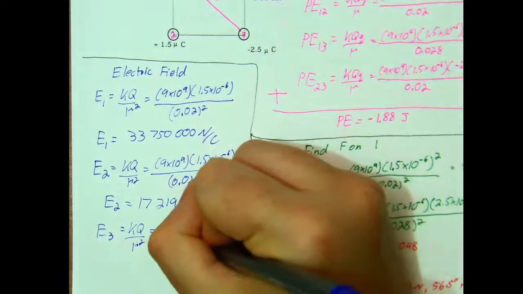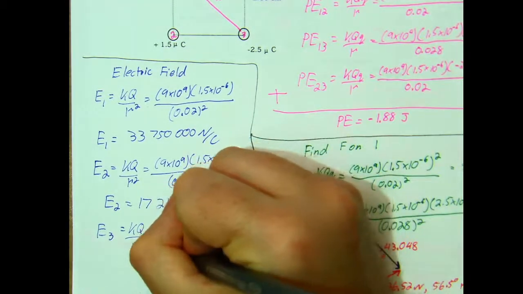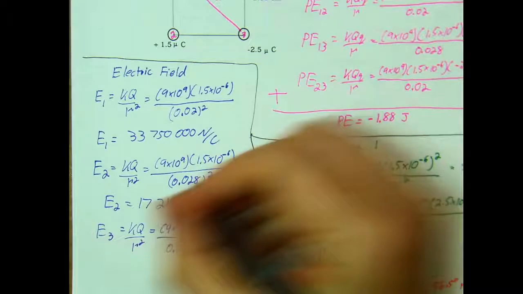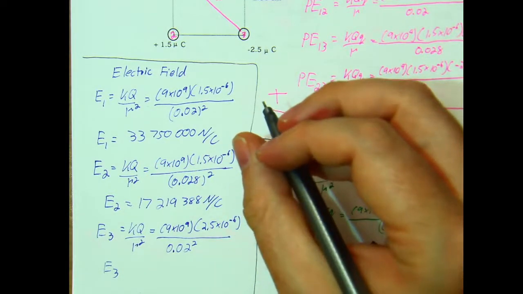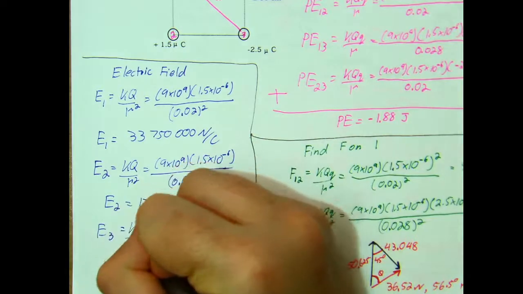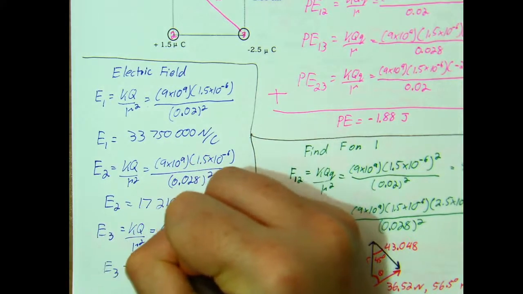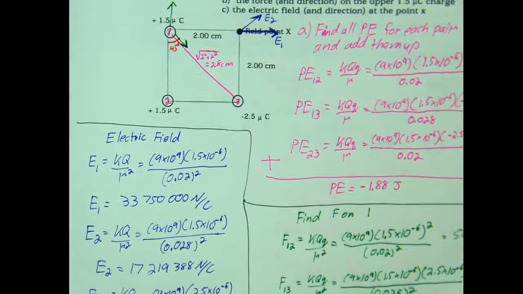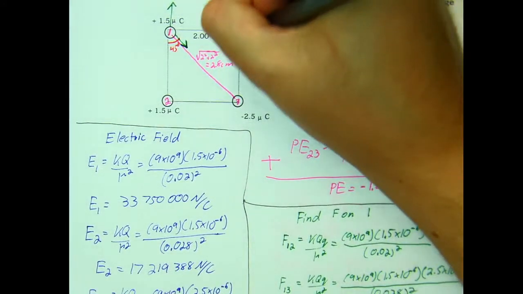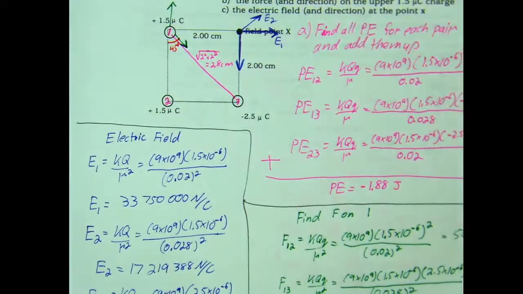The distance there is 0.02 squared. So E3 is going to be 56,250,000. If we take a look at what's going on here, this guy is going to be straight down. That's E3.